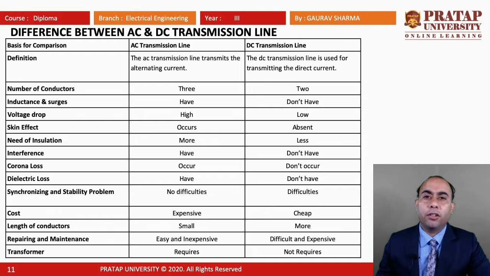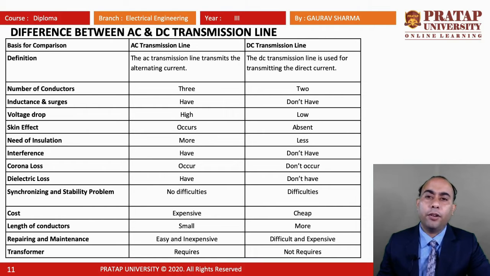When we talk about synchronization and stability problems, AC doesn't have difficulties, but DC has difficulty because there is no frequency, the frequency is 0, and the voltage is different.